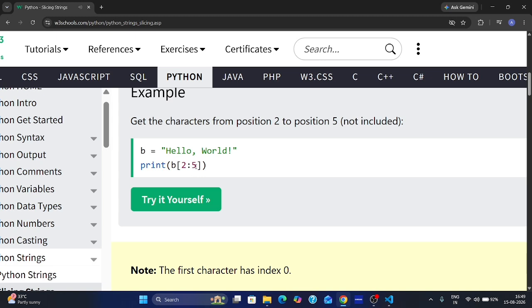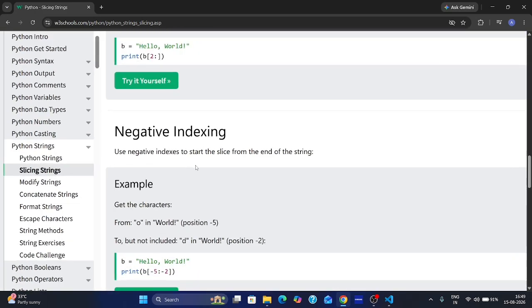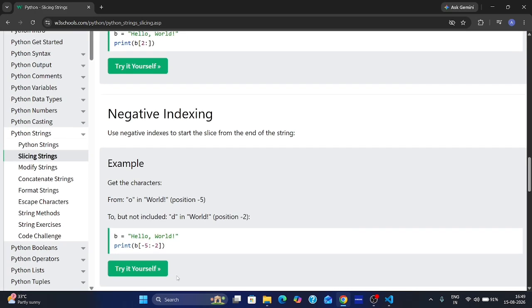If it goes up to 5, you have to take the previous one, like 4: 0, 1, 2, 3, 4. Only hello. This comma will not come because at the index of 5, you don't have to include it. It will be excluded. Okay, in negative, the same thing will be there. You don't have to include negative 2. You have to take a plus because in negative you have to take one more.